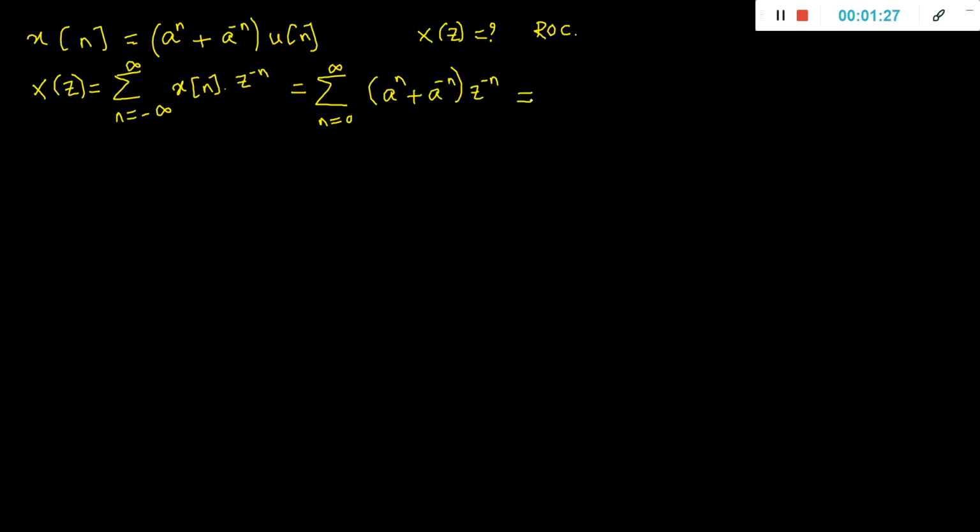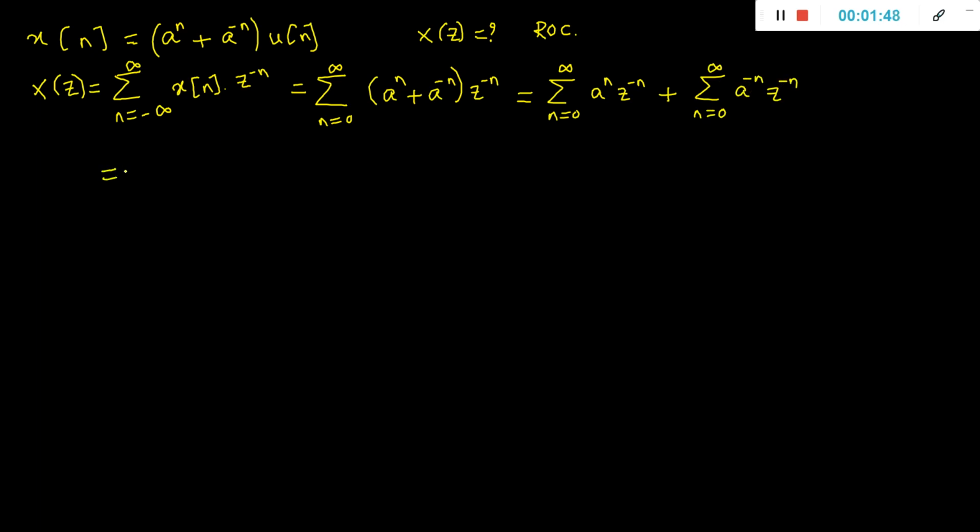So I can open the brackets and write this as individual summation symbols: from n is equal to 0 to infinity a raised to n z raised to minus n, plus summation n is equal to 0 to infinity a raised to minus n z raised to minus n.